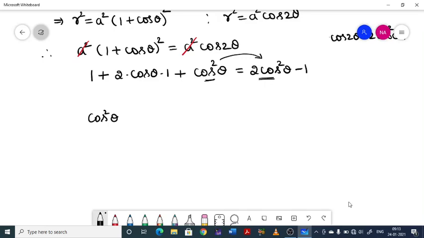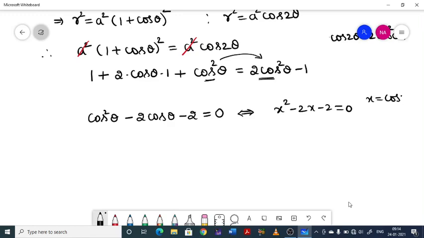Next, plus 2 cos theta becomes minus 2 cos theta, and bringing 1 to the right hand side, that will be minus 1 minus 1, minus 2, equal to 0. Or equivalently you can write this as x square minus 2x minus 2 equal to 0, where x equals cos theta.